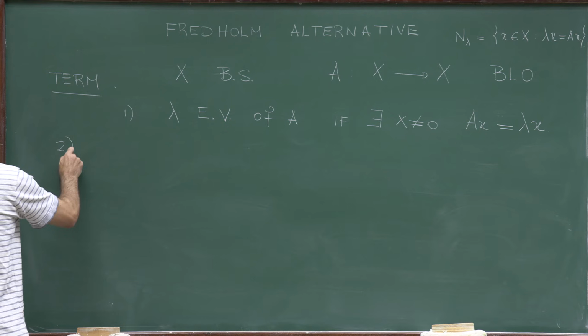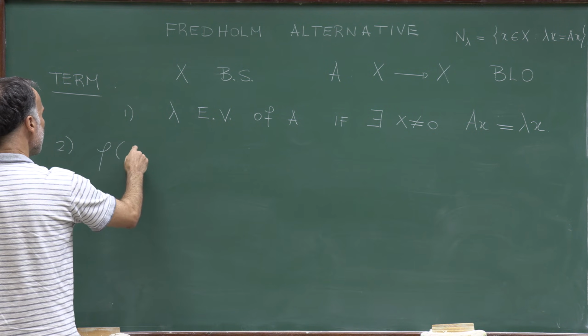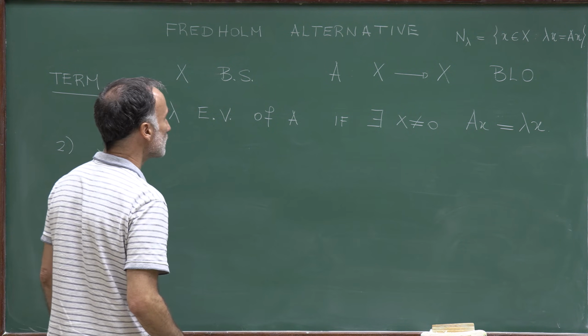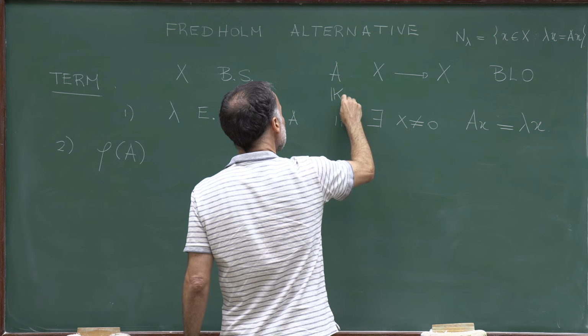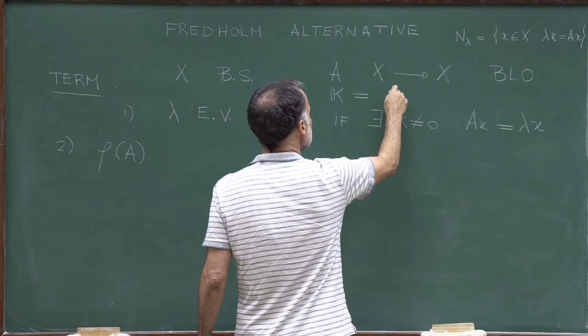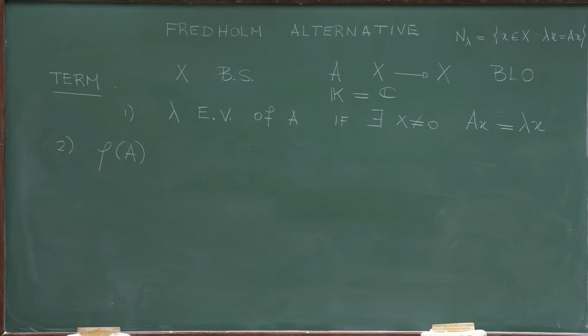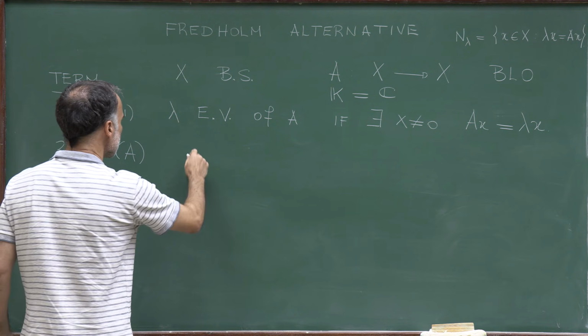Then I will call rho of A. Let me assume also, I didn't say it, that the field K is the complex plane. And so rho of A is the resolvent set.